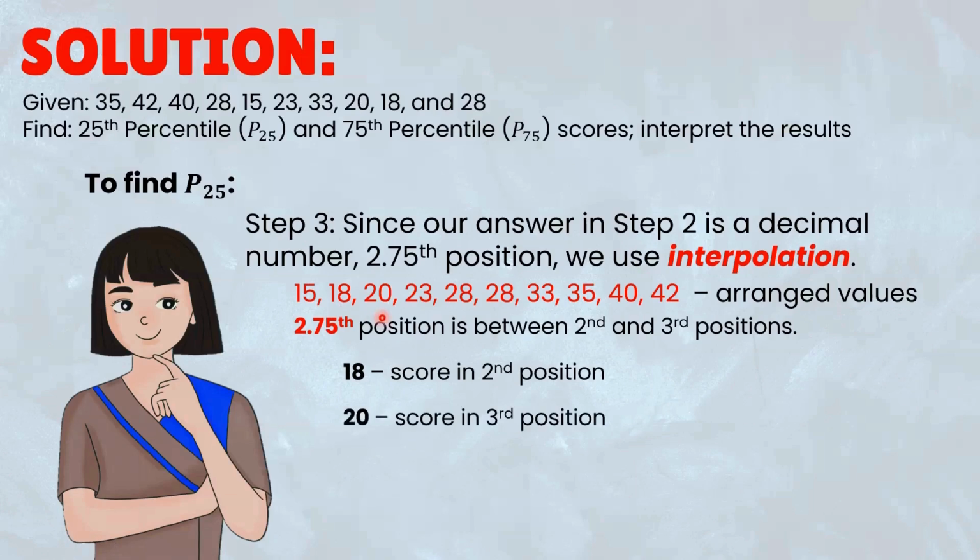So in order for us to get the score that corresponds to the 2.75th position, we have to add the second score and the 0.75th score.